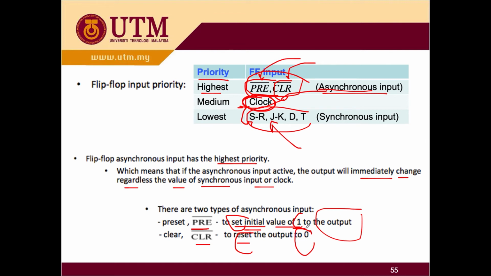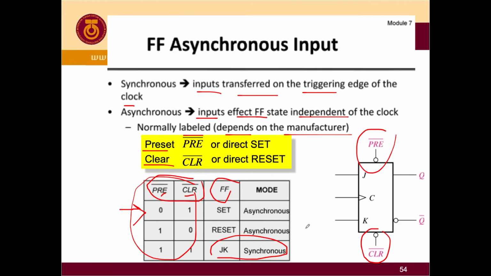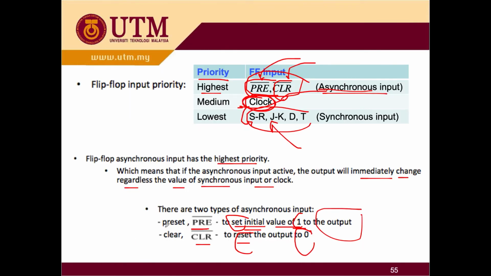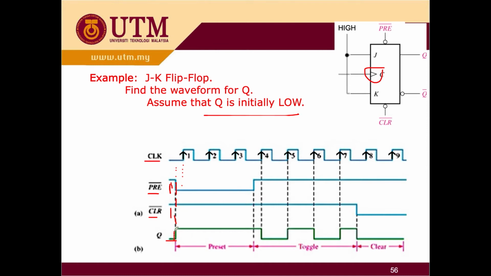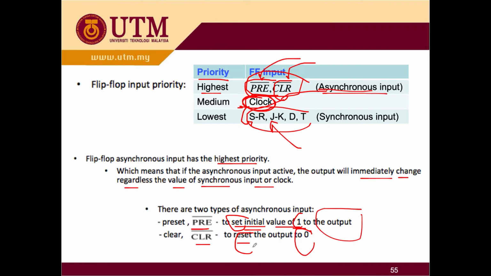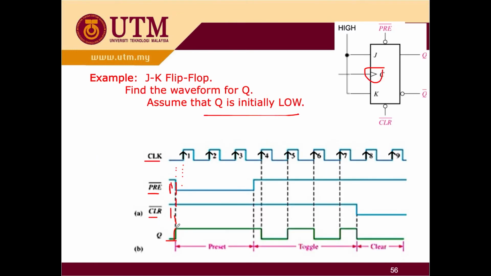You need to follow the sequential priority: you pick the preset first, which is 1 1, and then later on you look into your JK synchronized. First you pick the preset, so you're going to get the output as 1 here.